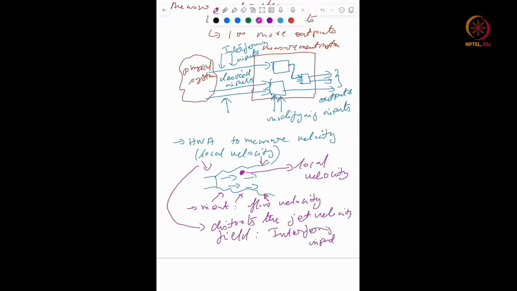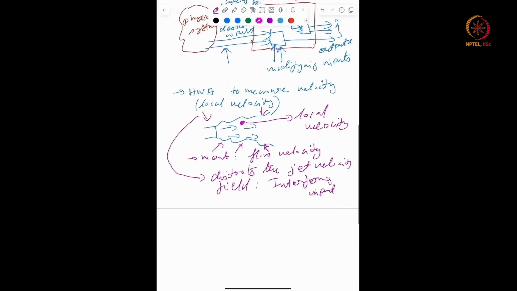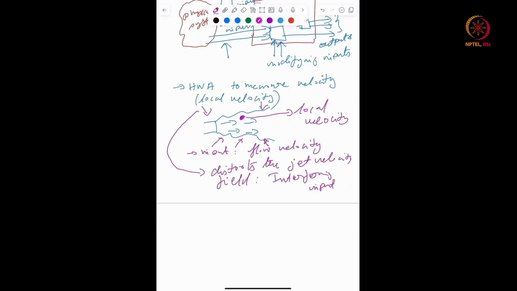If the ventilation or the cross flows are strong enough, it is going to do something to the jet velocity field. Now you can also have a change in room temperature, say delta T of the room, which can also affect the jet velocity.